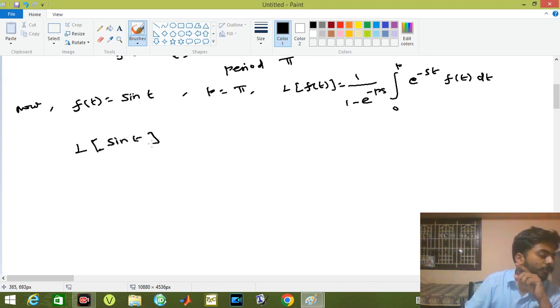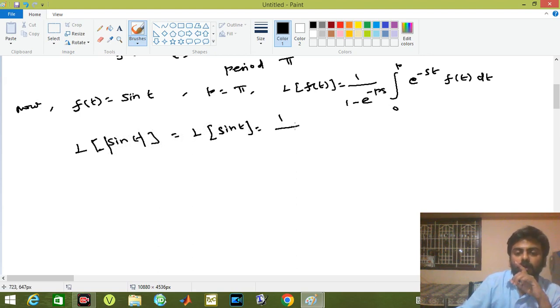So L of sin t equals 1 by 1 minus e power of minus pi s, integral 0 to pi, e power of minus st sin t dt.